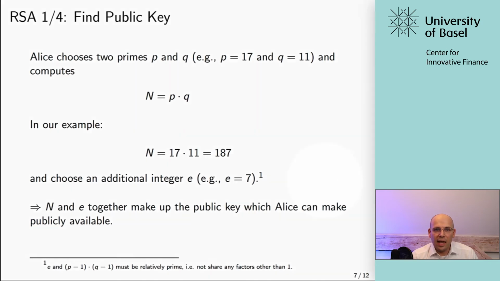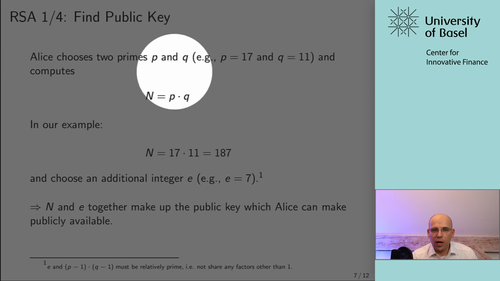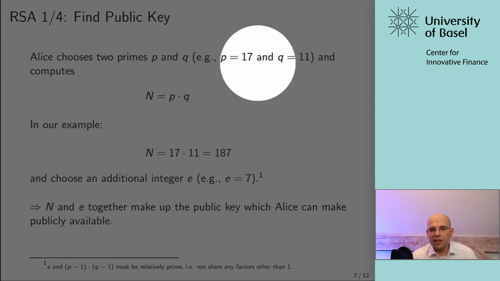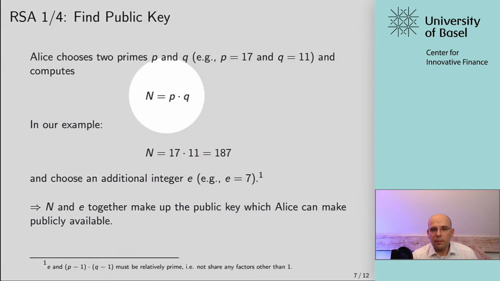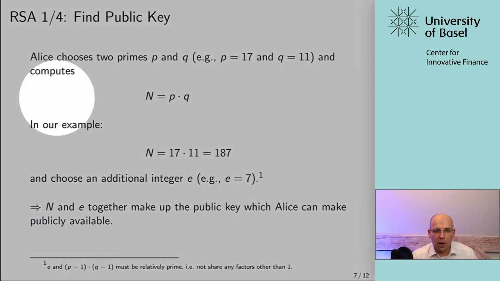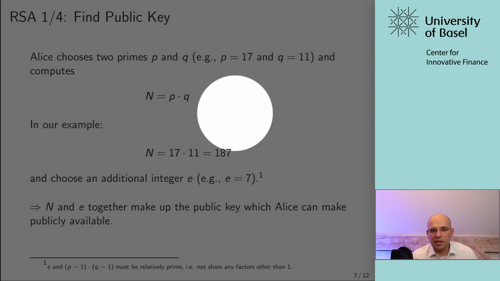Again, we go with the example of Alice and Bob. Alice chooses two primes, P and Q. In our example, we go with P equals 17 and Q equals 11. Then she computes N, which is just P times Q, so in our case 17 times 11, which is 187.